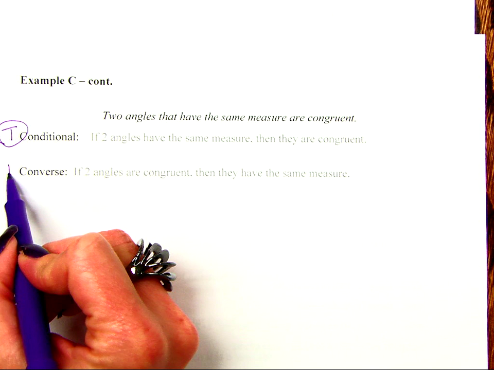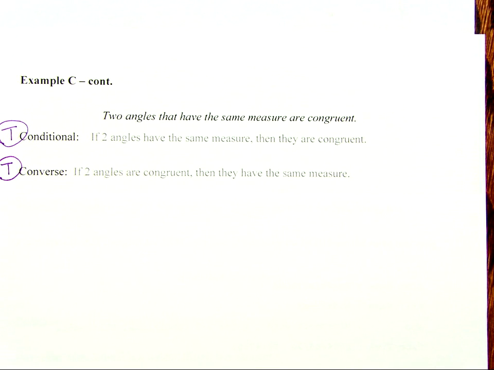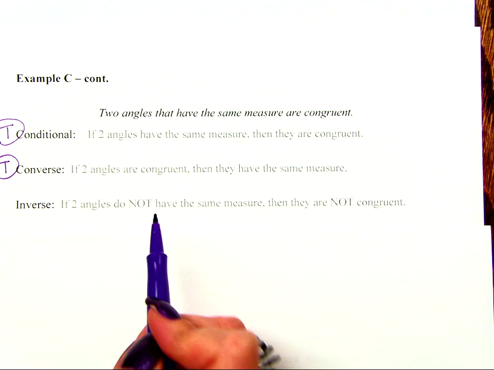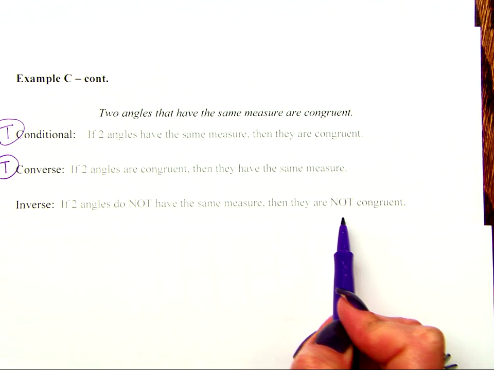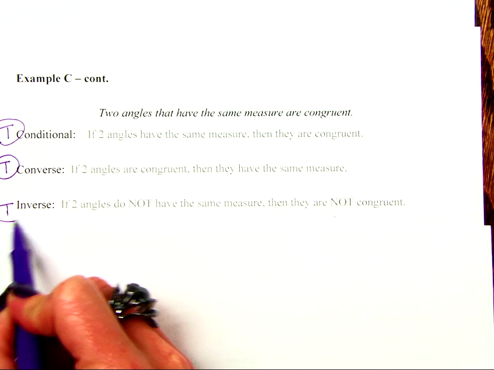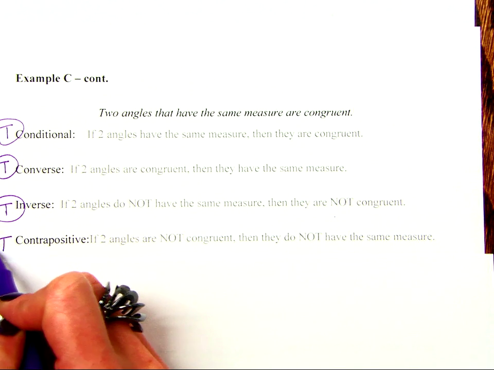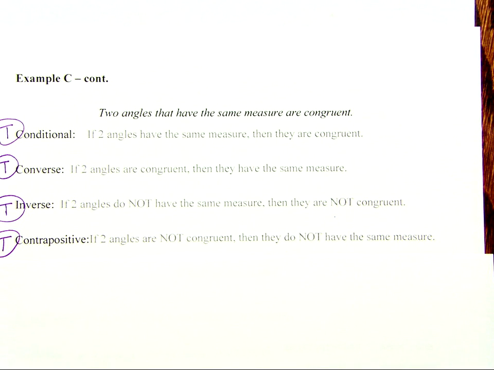That is also going to be true. What about if I negate it? If 2 angles do not have the same measure, then they are not congruent. Not the same measure, not congruent, that is also going to be true. If 2 angles are not congruent, then they do not have the same measure. True.